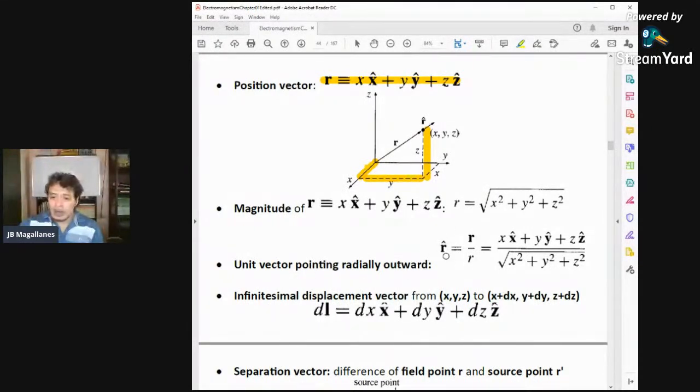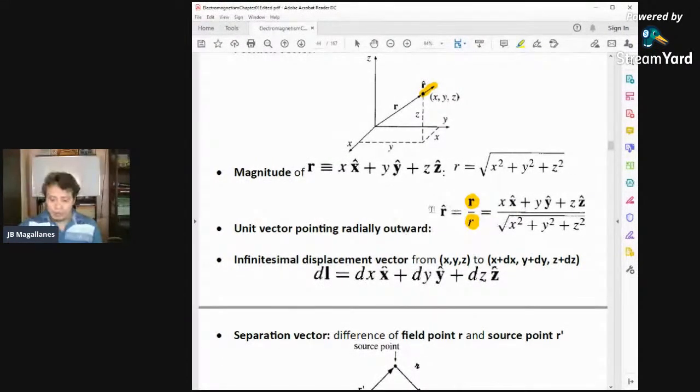The unit vector r associated with this position, there is a unit vector r here. This is parallel to r, and that is defined as r divided by its magnitude. So x times x hat over this quantity, y over this quantity on the y direction, and you have z over this quantity on the z direction.